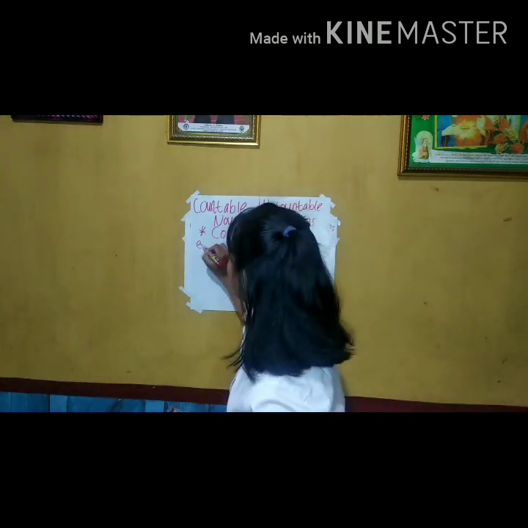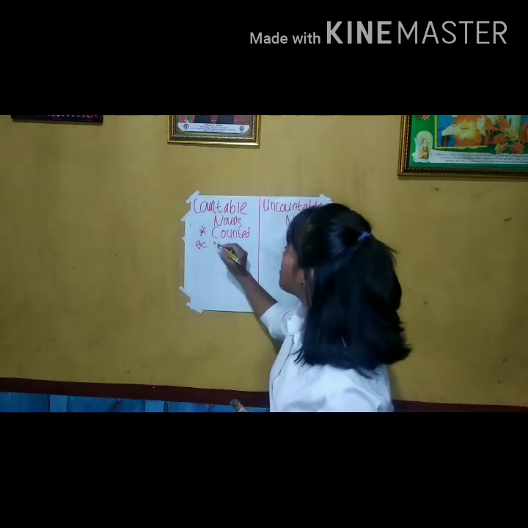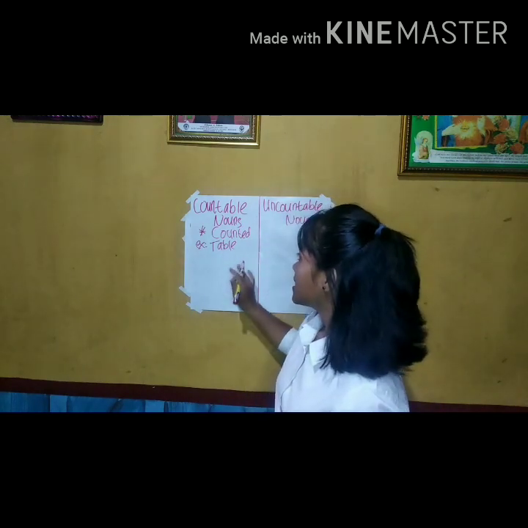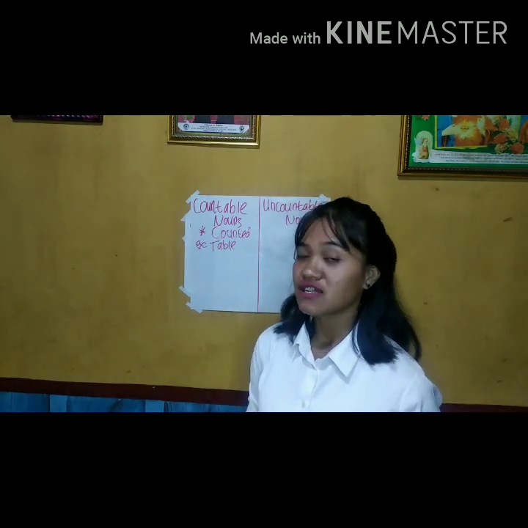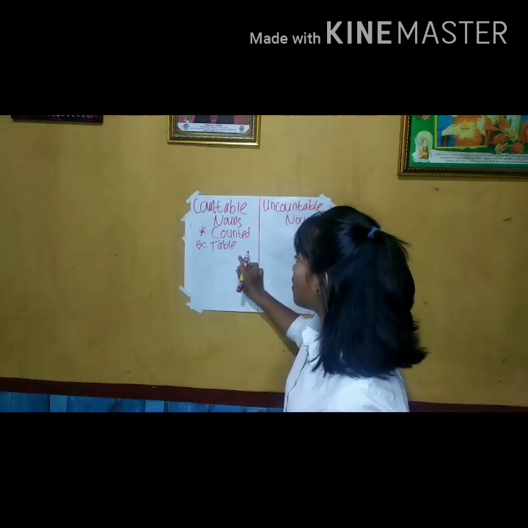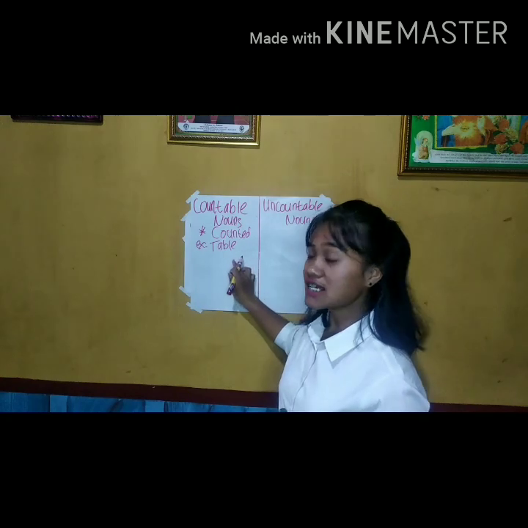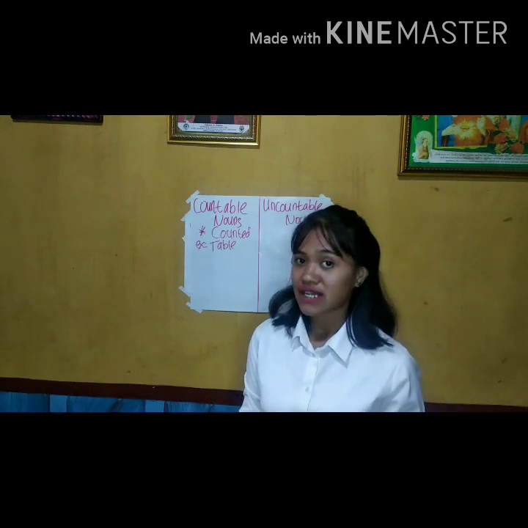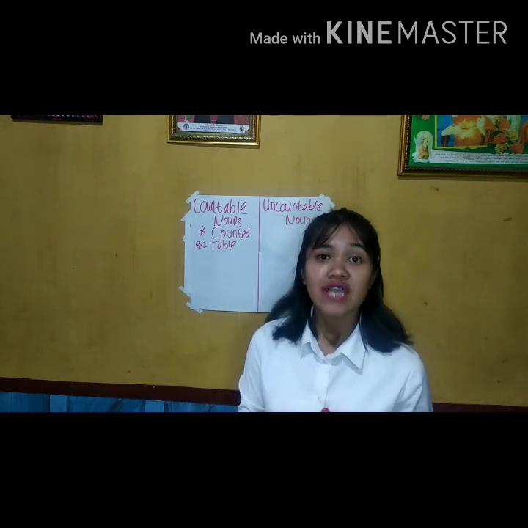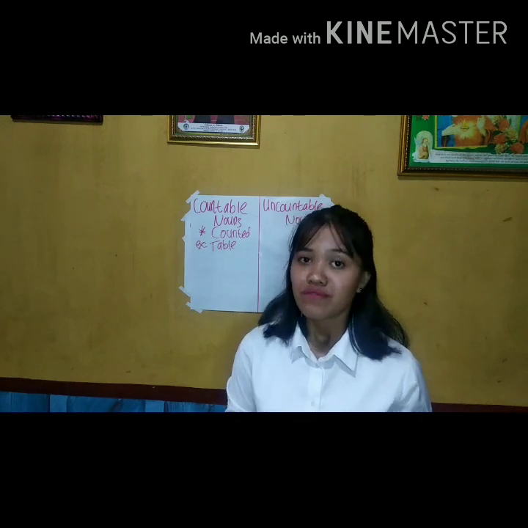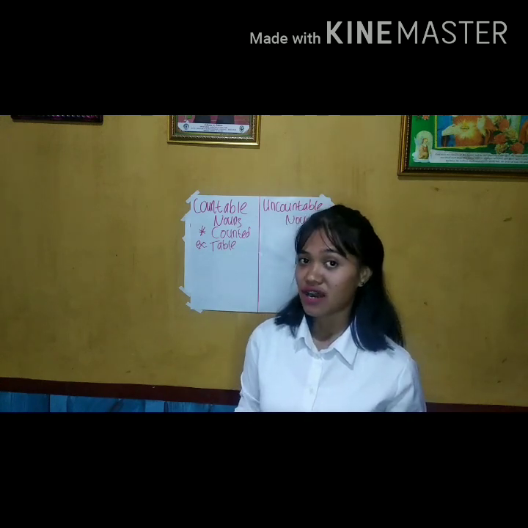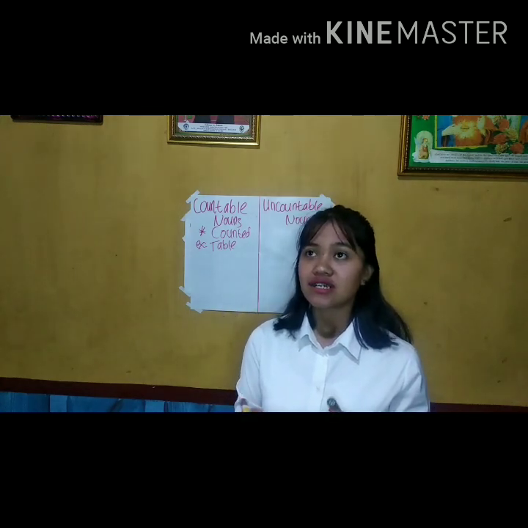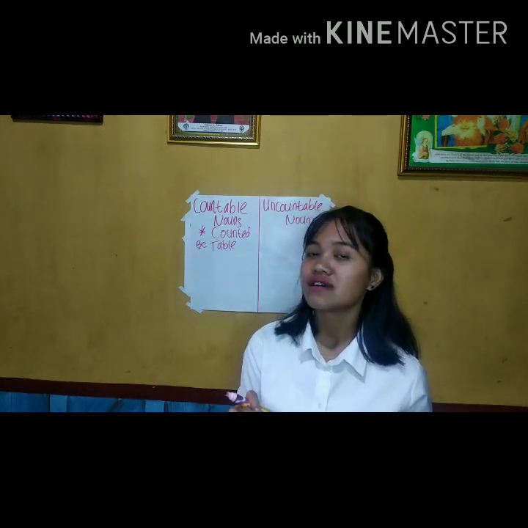I choose one of them, table. Table is one of the countable nouns in this world, okay? So, with a countable noun, we can count directly, like one table, two tables, three tables, or four tables, and etc. For one, two, three, and the next, the form is different.